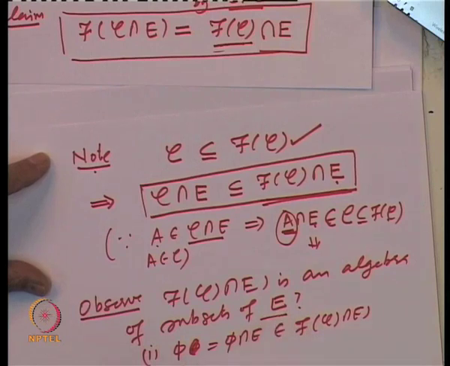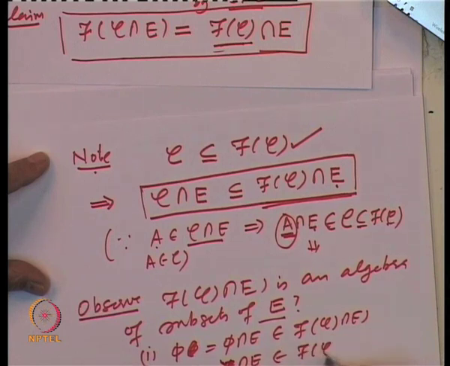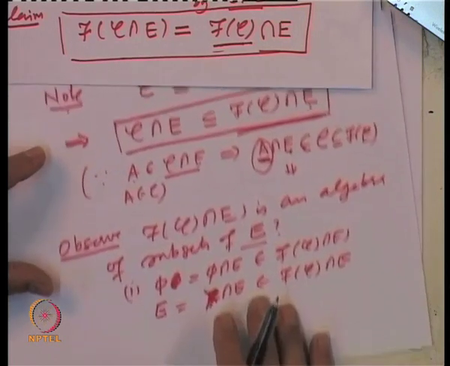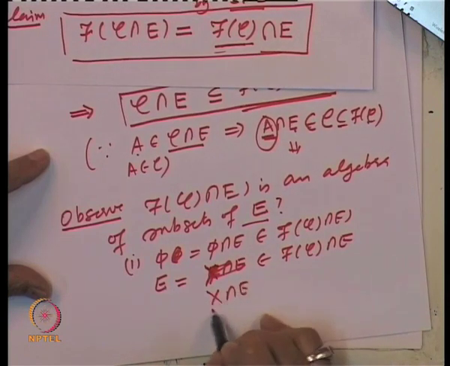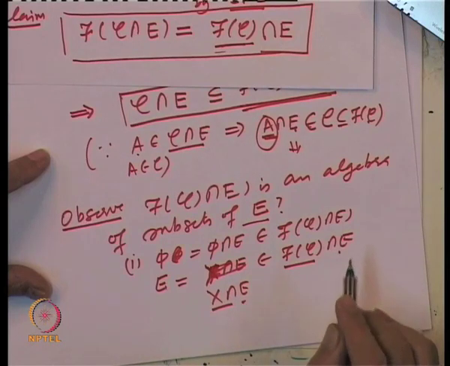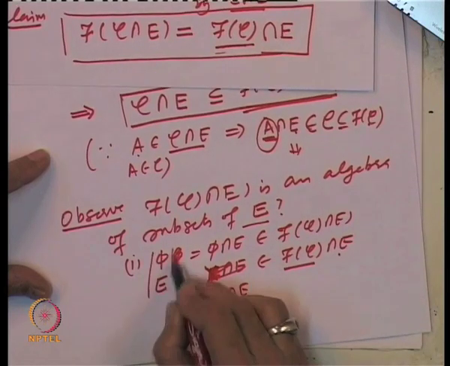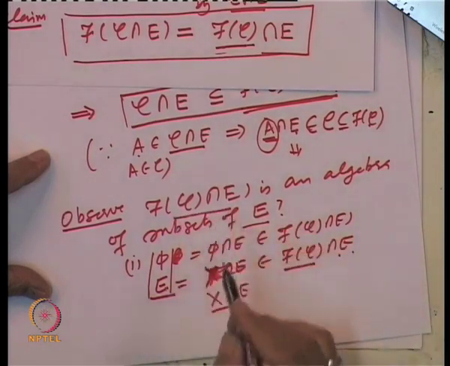That is E. So, E is equal to E intersection E, which is X intersection E, and that belongs to F of C intersection E. X is an element of F of C, and E is here. So, the empty set and the whole space, that is E, belong to this collection.